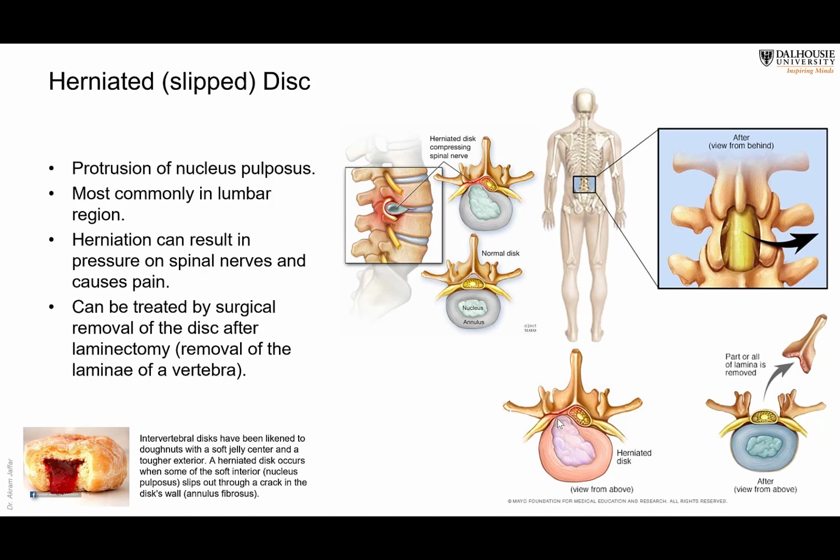And in order to relieve the pressure here, they usually make an incision at the back and remove the laminae with the spinous process of that vertebra. And that's why the operation is called laminectomy, cutting of the lamina. Remember the laminae, which are the flattened part of the vertebral arch.